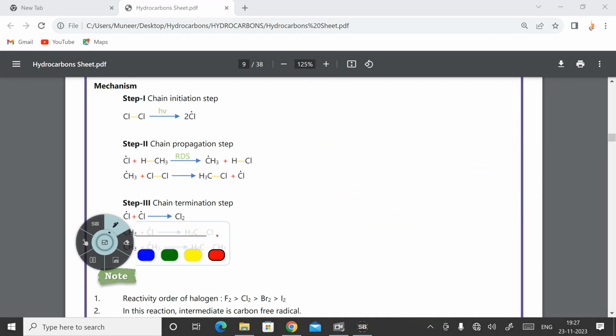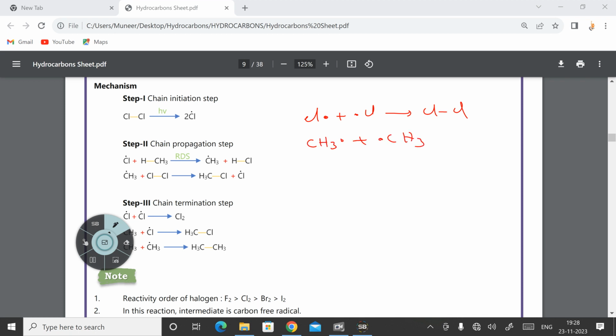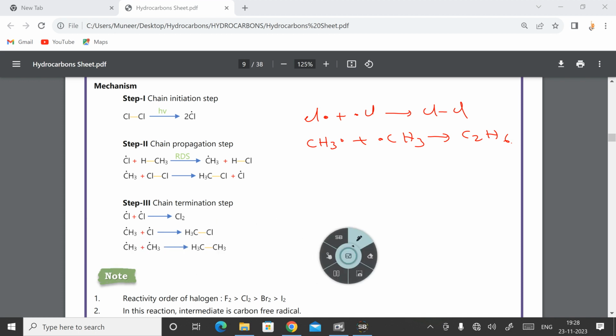Chain termination. The chain has to stop, by combining 2 free radicals and forming Cl2. Or a CH3 free radical combines with another CH3 free radical and forms C2H6. That is the chain termination reaction.